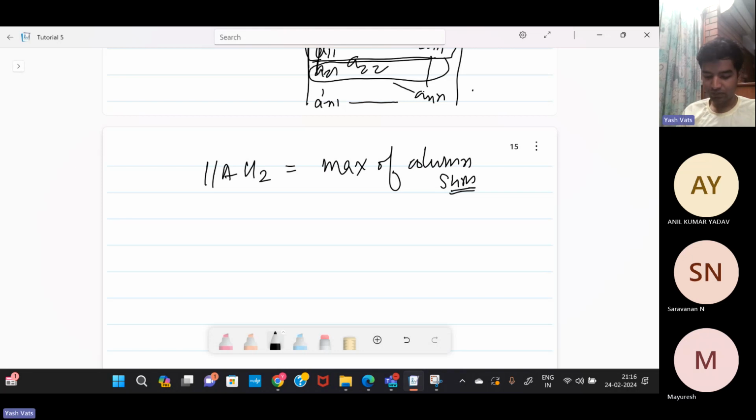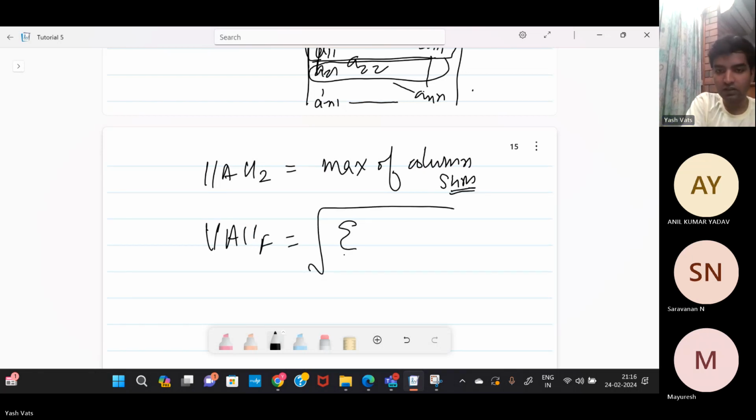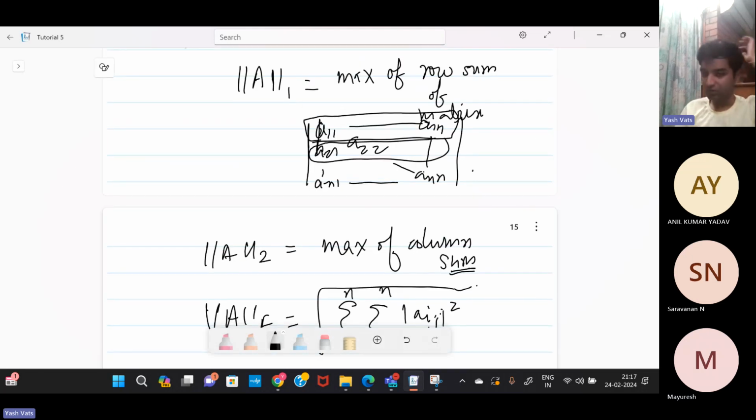There is one more norm, the Frobenius norm, A_F. There are different norms depending on the use, but the maximum row sum is the one some people use first.